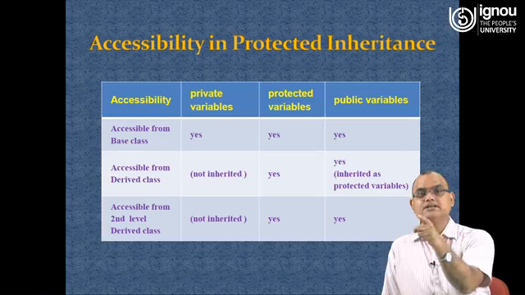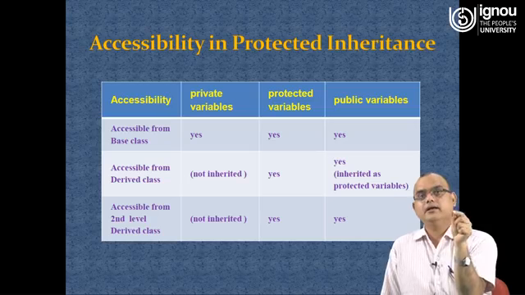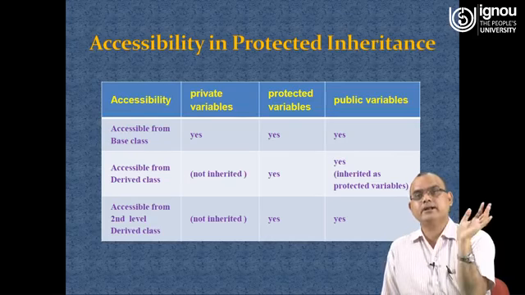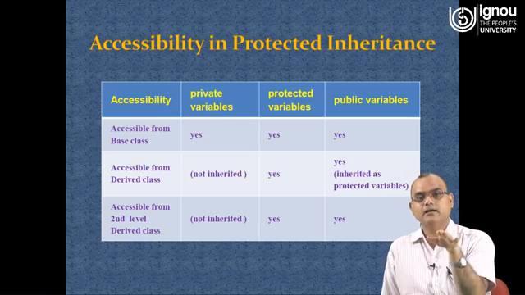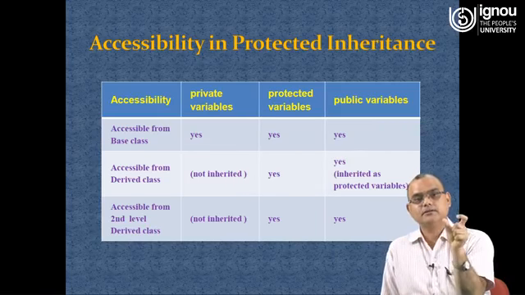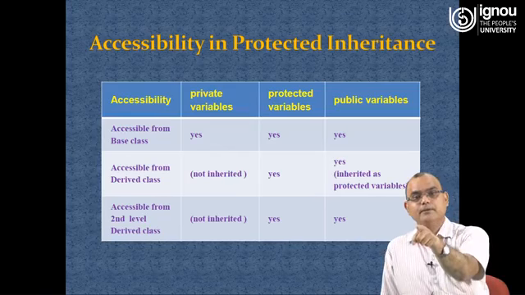because we are using the accessibility protected. In the heading you see accessibility in protected inheritance. It means class B is inheriting class A using the protected access specifier. Then whatsoever is public in class A is available to class B, but it becomes protected.